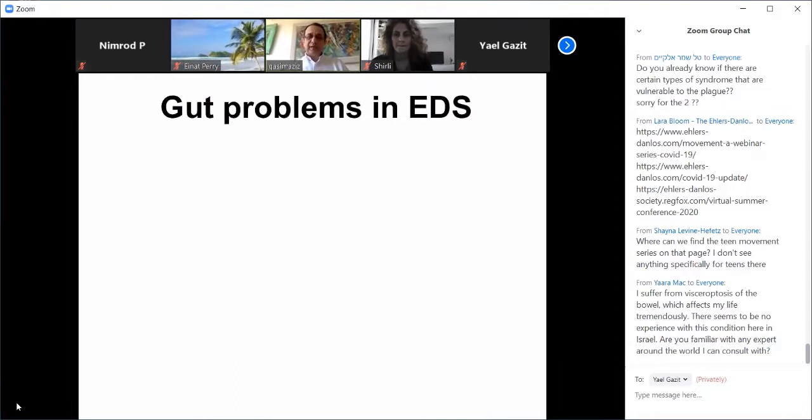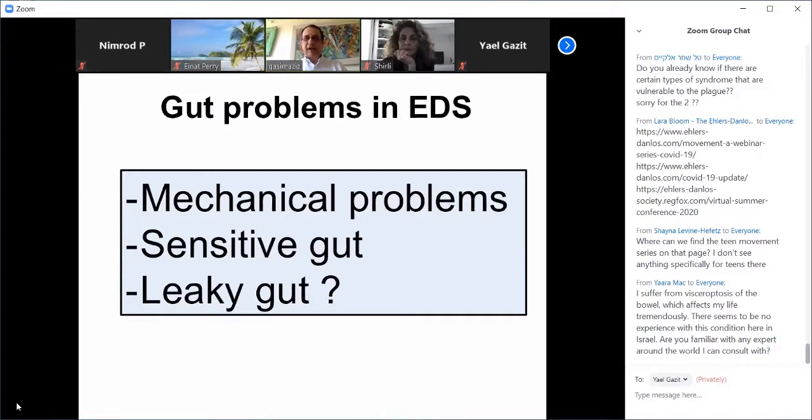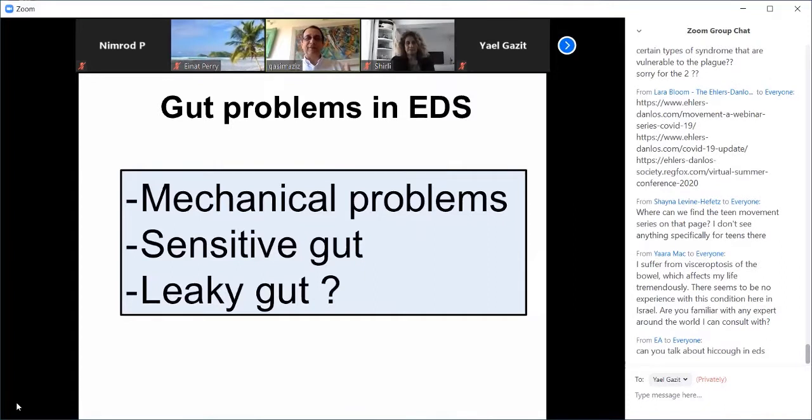So just to explain further why people with EDS develop symptoms and what type of problems there are, I like to divide these problems into three categories. First one is a mechanical problem in the gut, that the gut doesn't move very well. And there's a problem with sensitivity, that it may be more sensitive or sometimes even less sensitive.